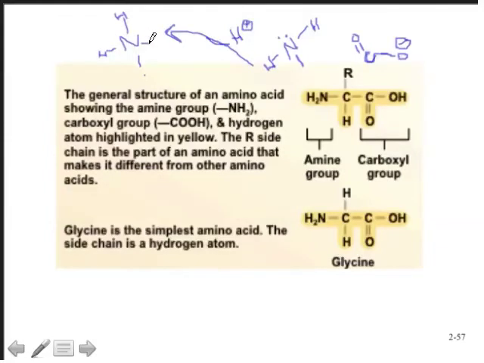So that's why often nitrogen-containing compounds tend to be bases, while acids, remember, are proton donors, so they tend to cough up protons. Okay, so there's the carboxylic acid group, and there is the amino group, and that's how we differentiate between the positively and the negatively charged amino acids.